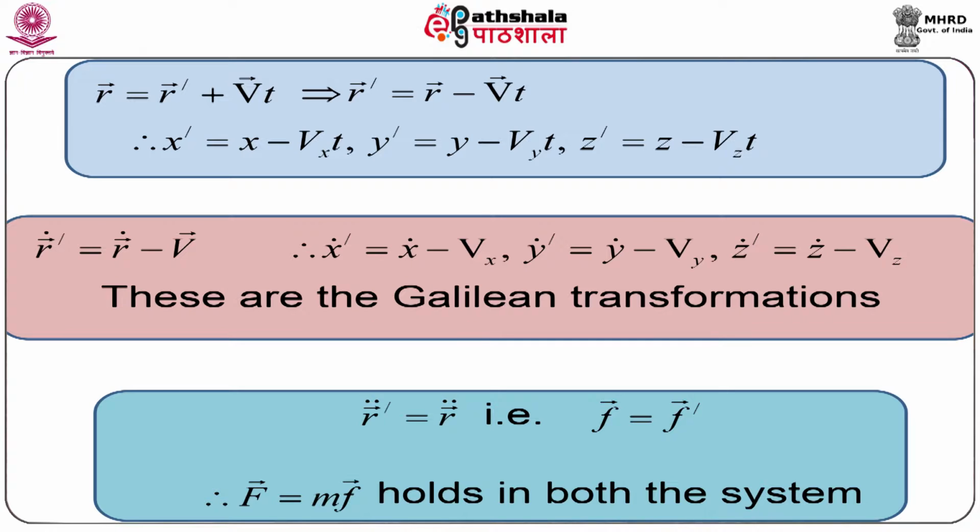So, if Newton's second law of motion, capital F vector equal to mass into acceleration, that is applied force capital F vector is equal to mass into acquired acceleration small f vector, holds in one system, then it should hold in the other system. So, one can conclude that a system moving uniformly with respect to an inertial frame is again an inertial frame.